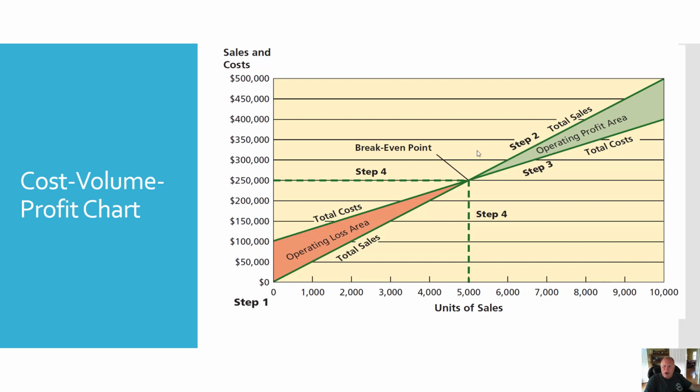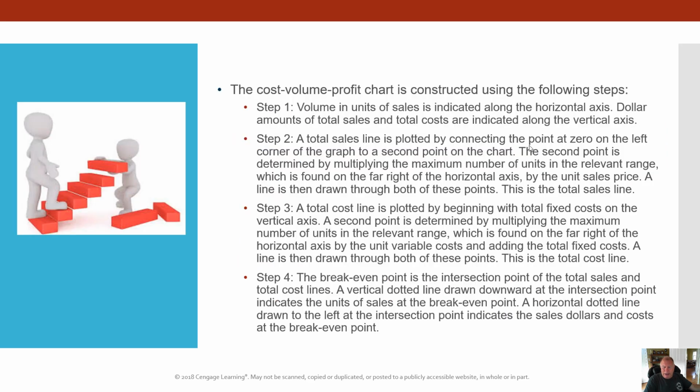So that's our cost volume profit. We really want to be in this area right here. I'm not going to walk you through this, but these are the steps in the process to construct that chart. Again, you may wish to take note of this.